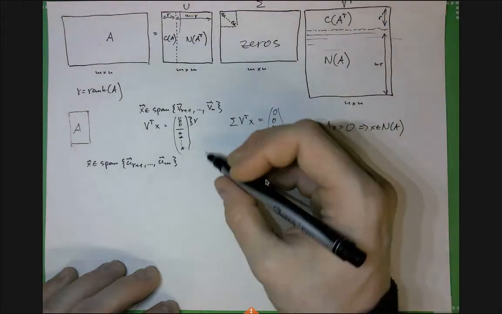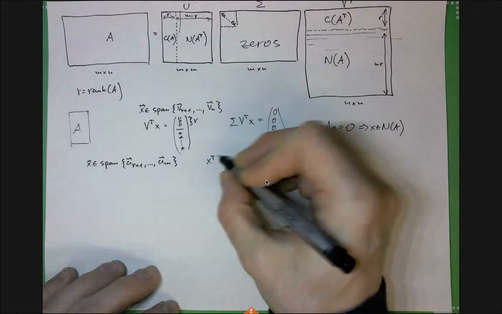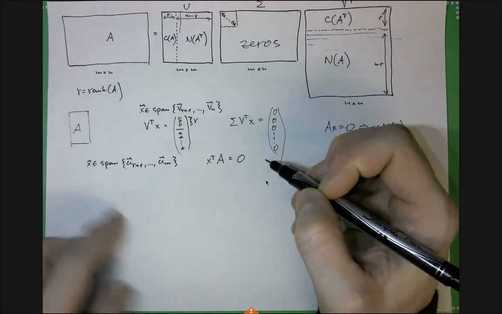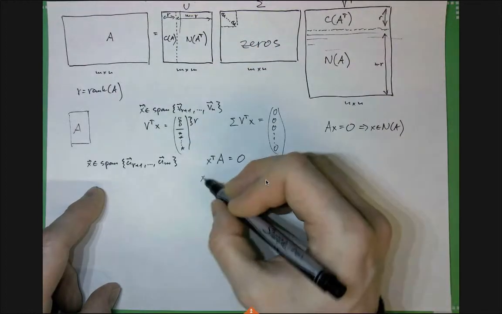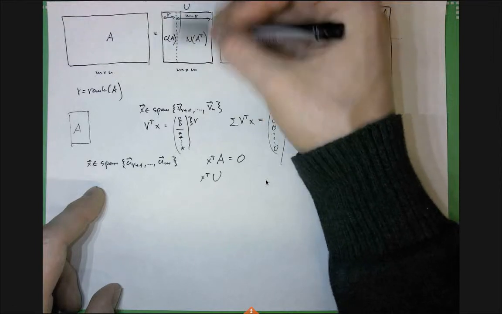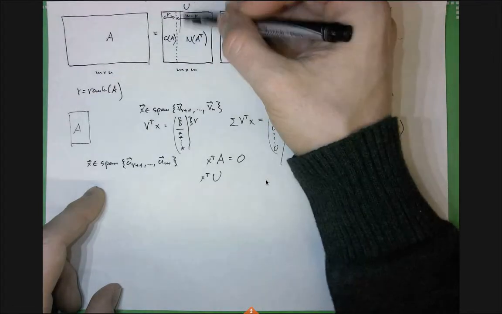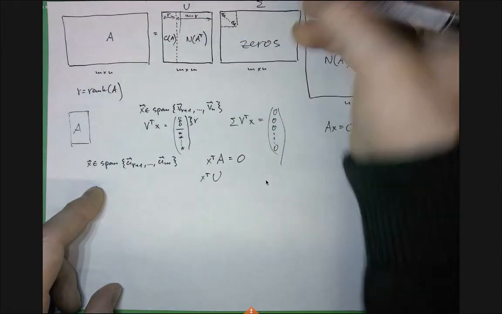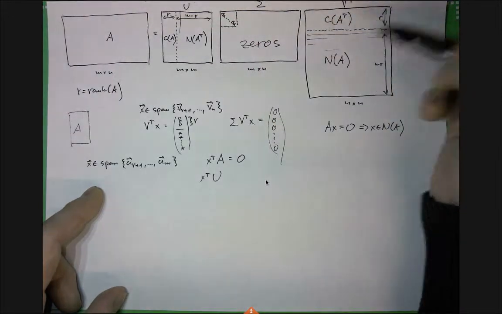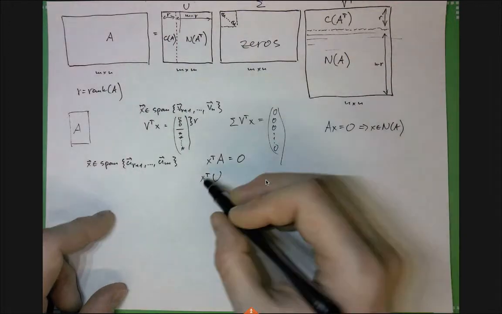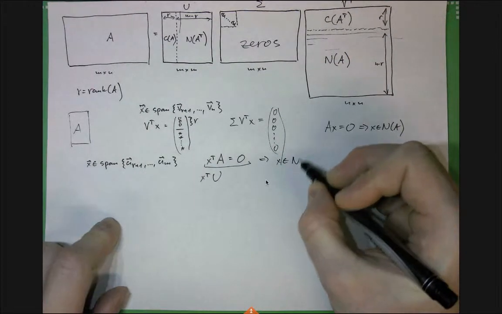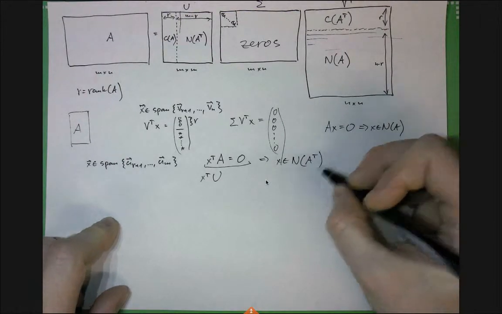Then by exactly the same argument, I can show that x^T A will be 0. Because why? Because if I do x^T U, I will get zeros here, right? And potentially non-zeros here. But then multiply by sigma, I get zeros everywhere. And of course, multiply by V^T, the zeros stay there. So that means that x^T A is 0, which means that x is from the left null space.